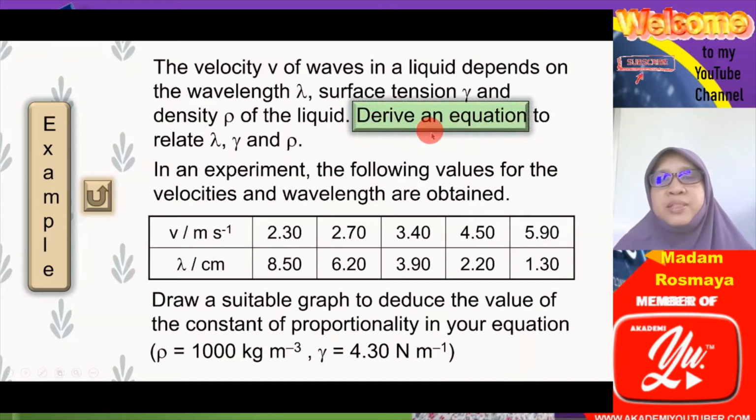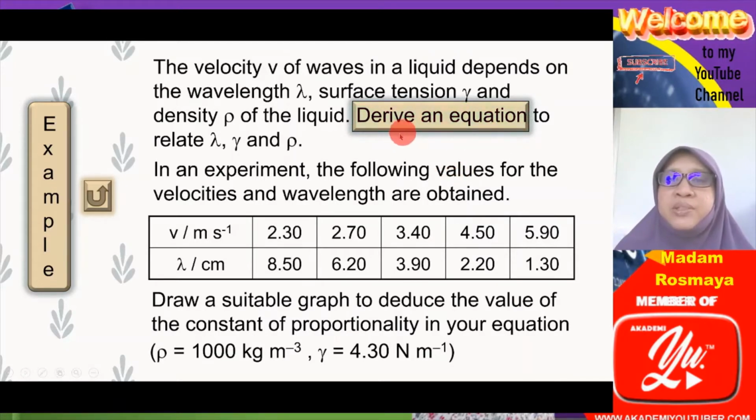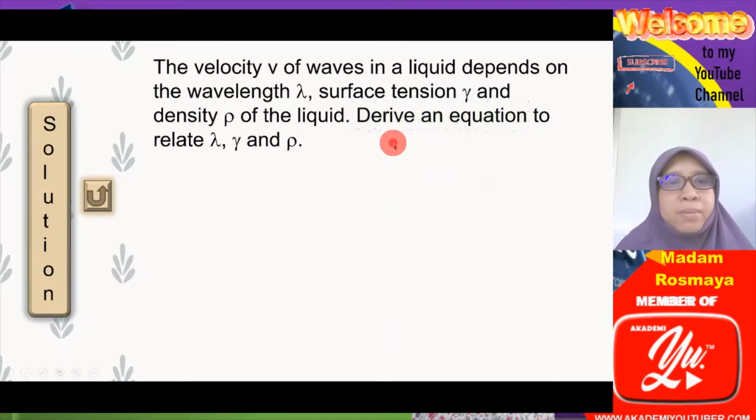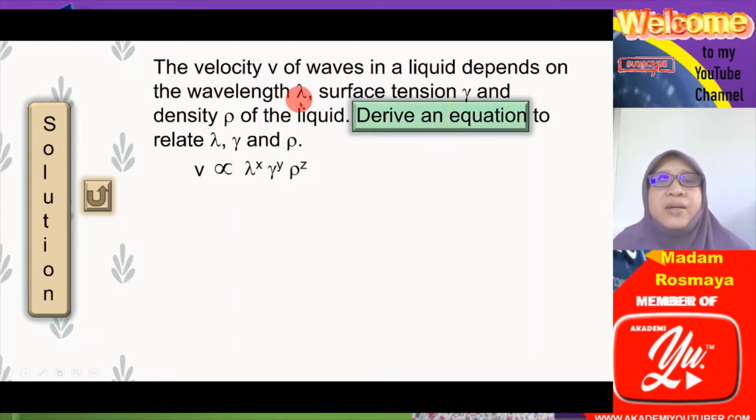The first question is to derive an equation. So we are going to use the dimensional method. The velocity v of a wave depends on, this is the symbol for depends on, lambda, the wavelength, surface tension gamma, and the density rho.